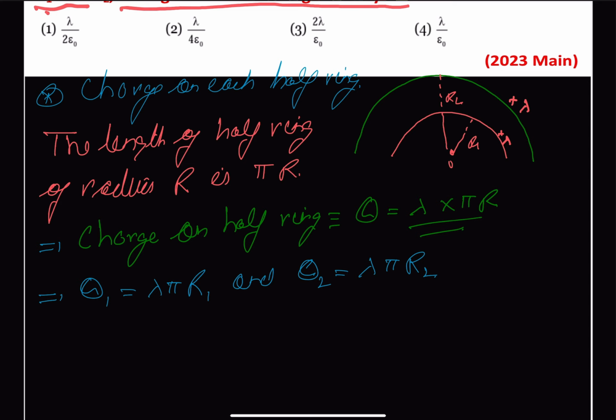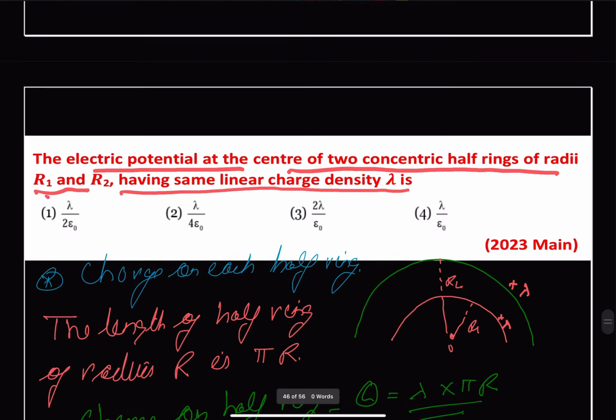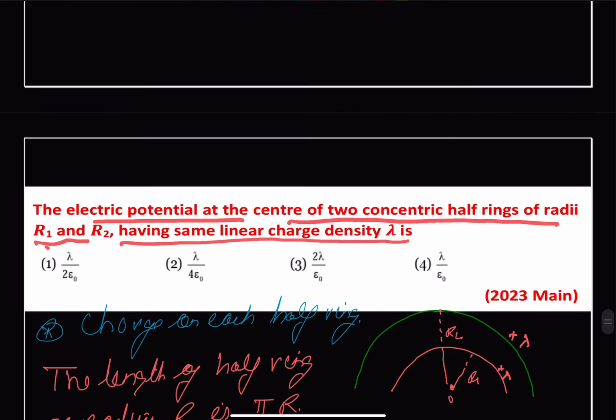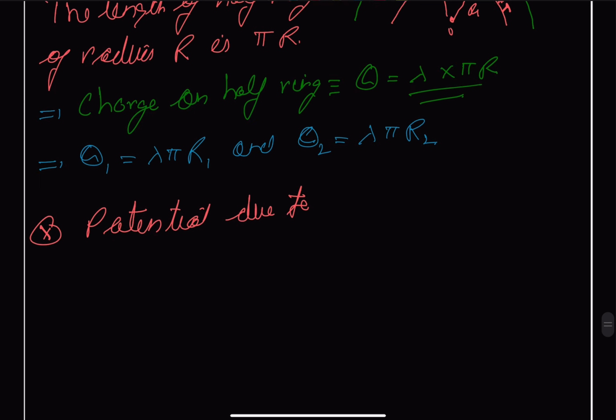Now we can easily find out the potential due to the half ring, the potential at the center.